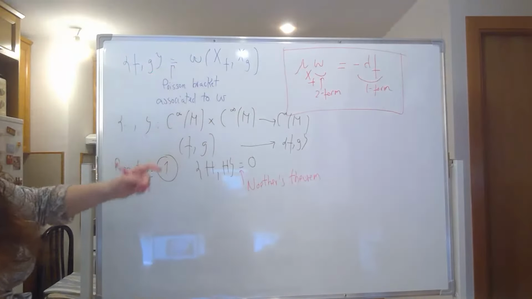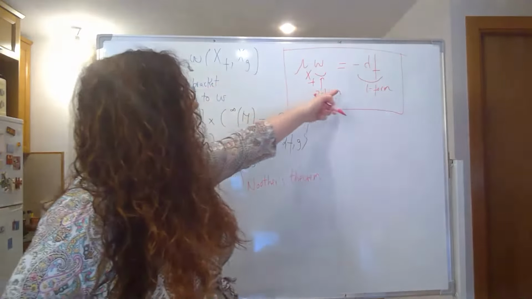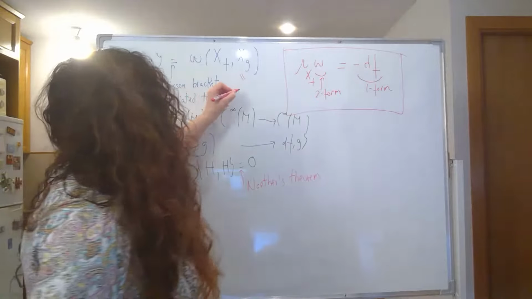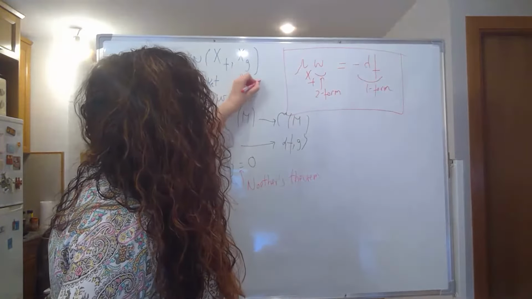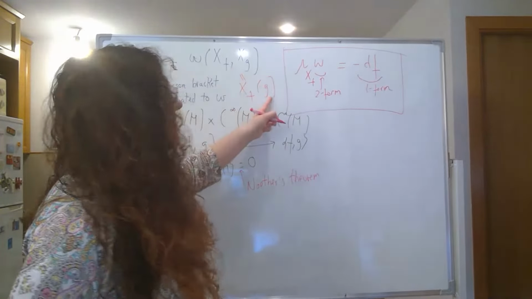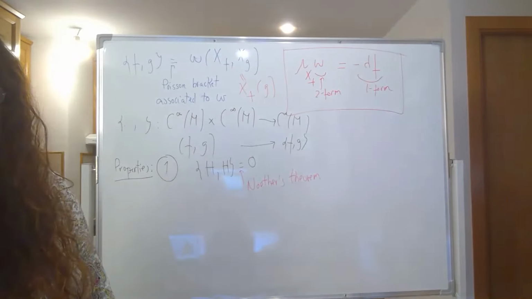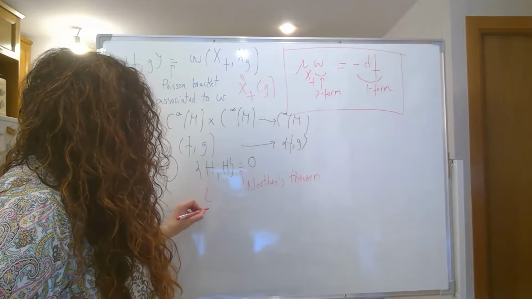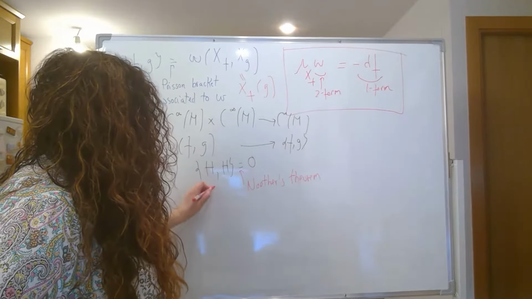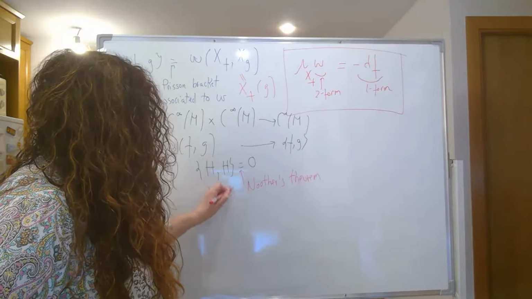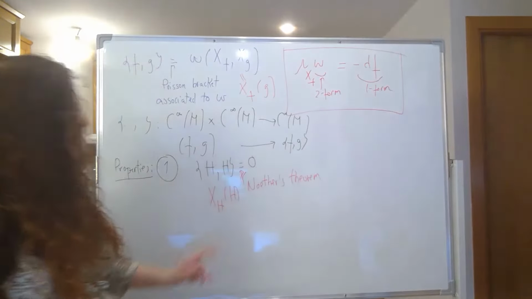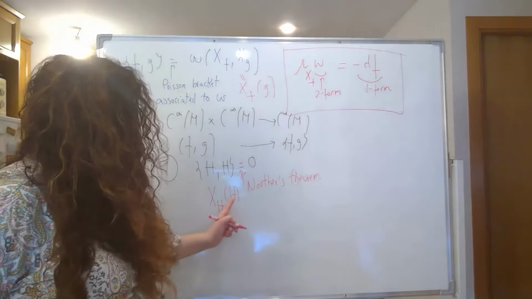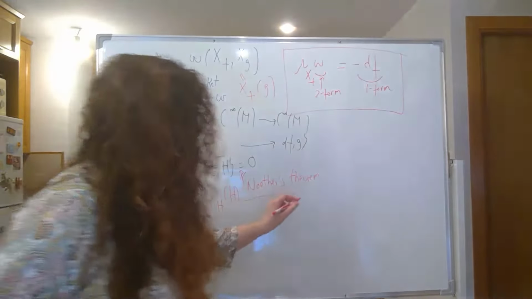Because this is something that I checked from this definition. The other day we saw that we can also write this as a Hamiltonian vector field of F acting as a derivative of the function G. Therefore, I could also apply it as the Hamiltonian vector field of H applied to H equal to 0. This means, in other words, that the trajectories of H lie on H equal to constant.